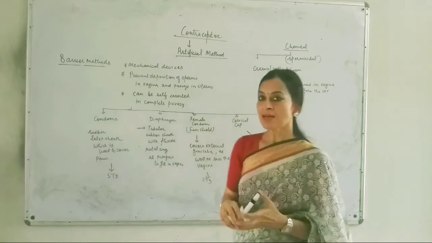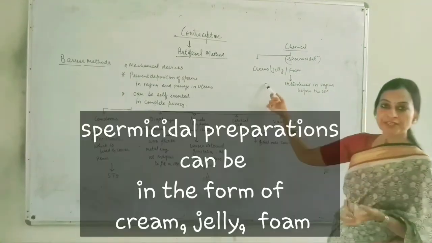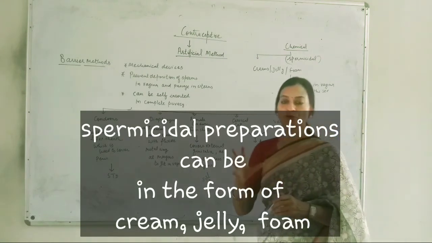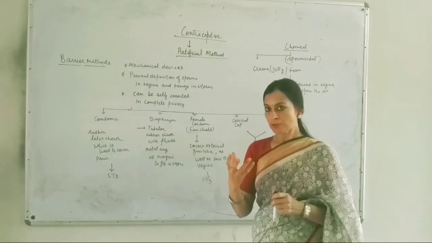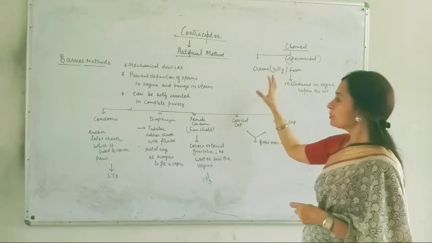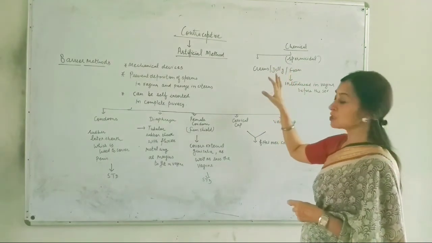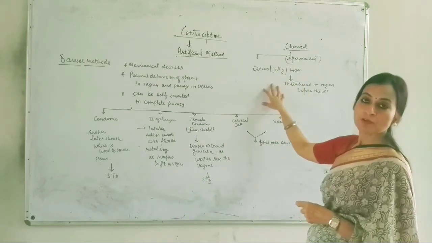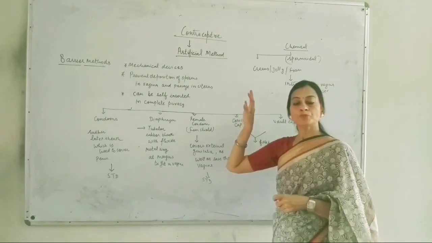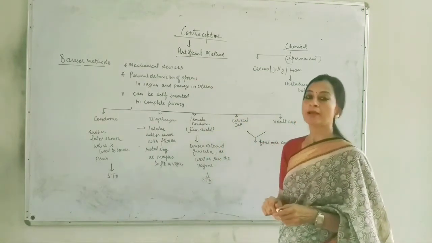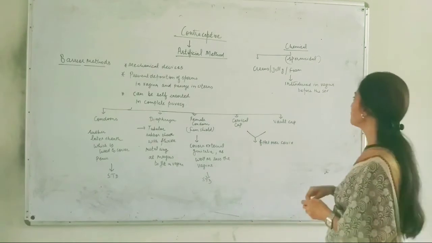These chemicals are available in the form of creams, jellies and foams, and all of them kill the sperms and do not allow them to reach the egg present in the fallopian tube.